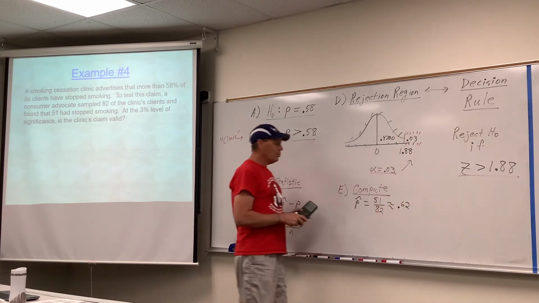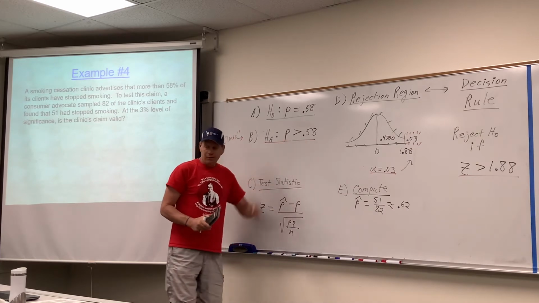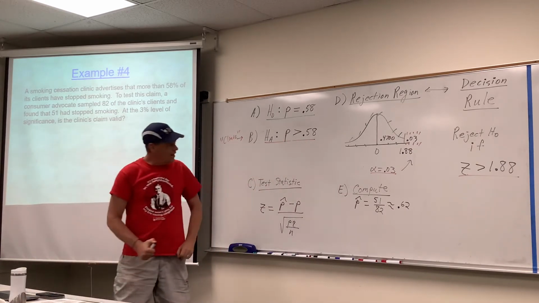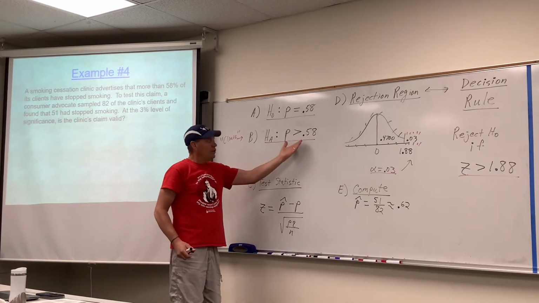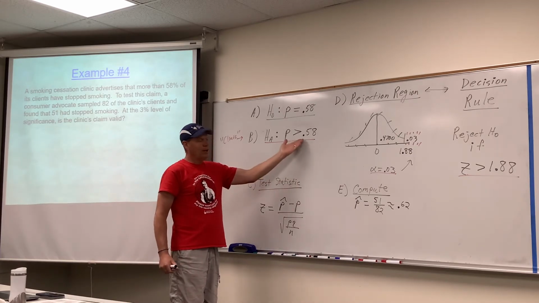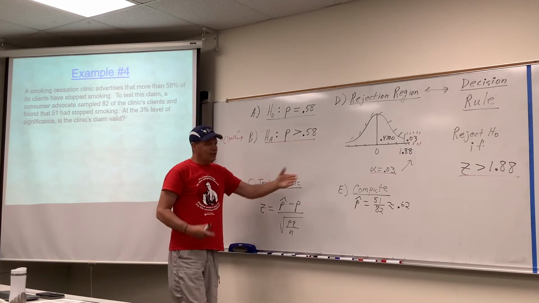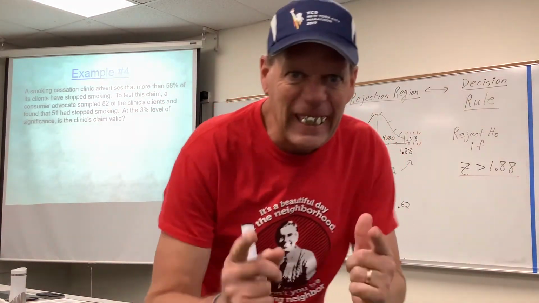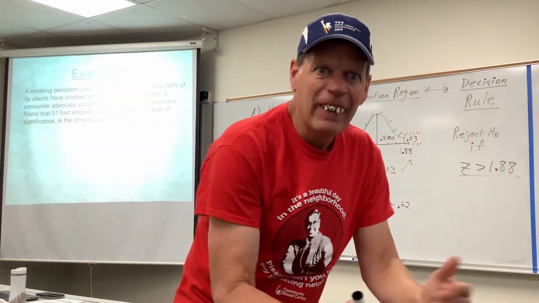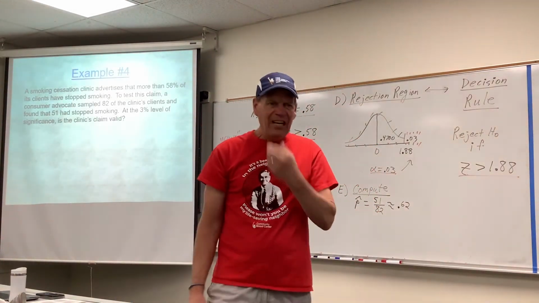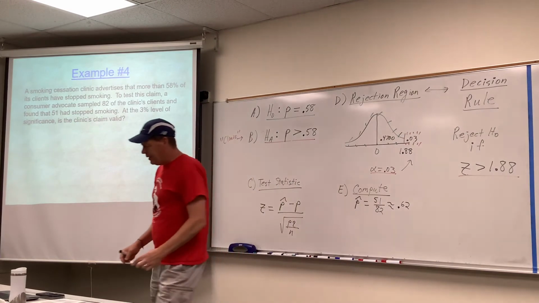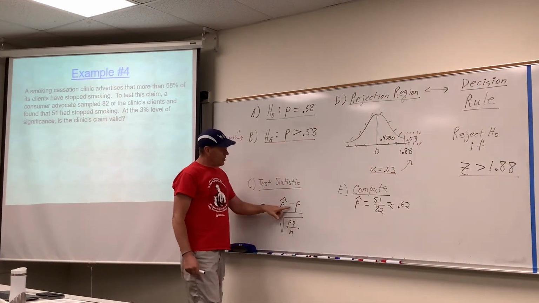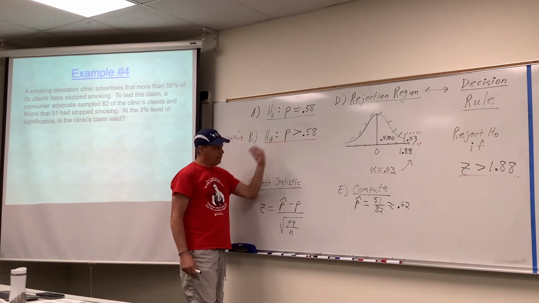It's about 62%, which is obviously more than 58. But that's not enough evidence to say that the clinic is right just because one sample led to a number higher than 58. You don't look at that and go, 62 is higher than 58, that's good enough for me, I'm going to convict. Now, that circumstantial evidence is that 62 that we observed significantly different than the 58.